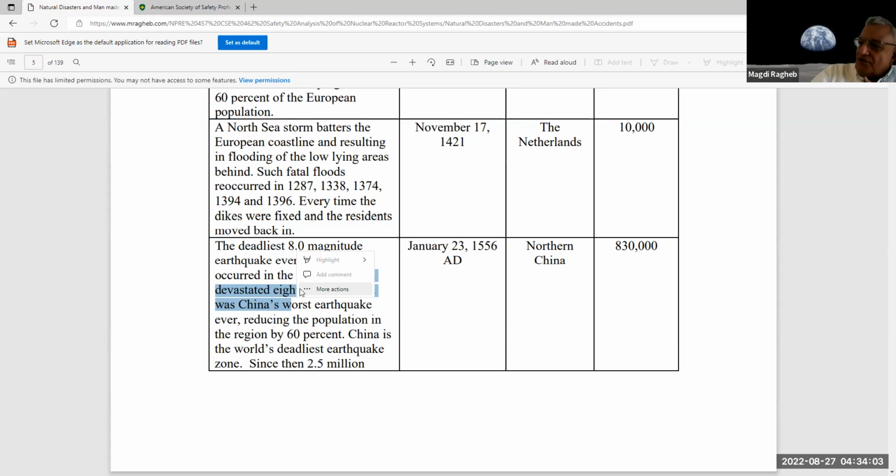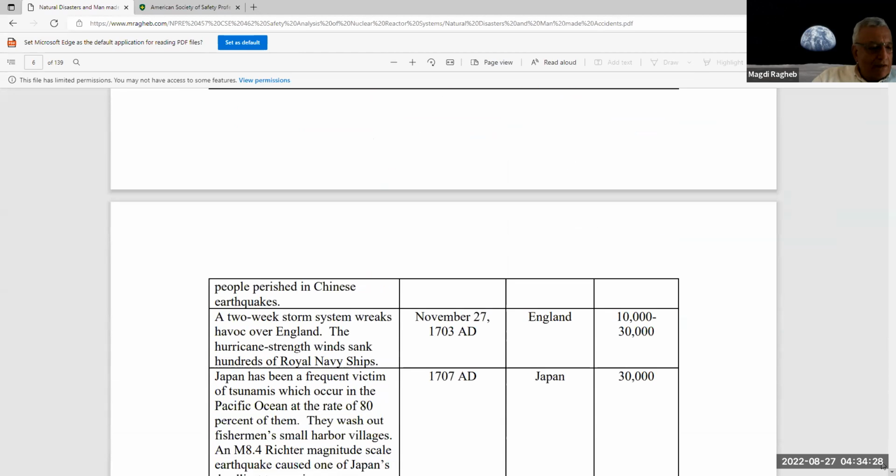When they design human structures like the Three Gorges Dam, we have to design it to withstand the worst earthquake that happened historically. Look here, a single earthquake leading to the deaths of 830,000 people.